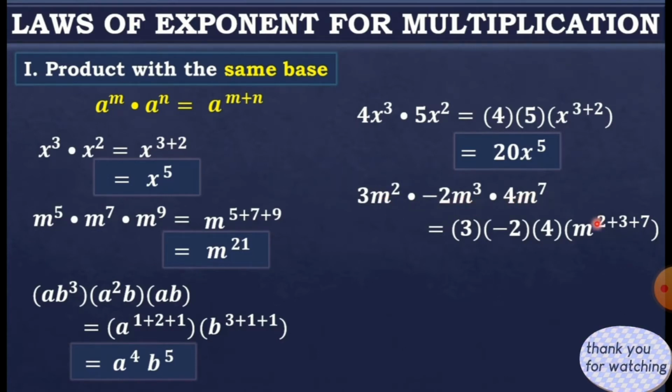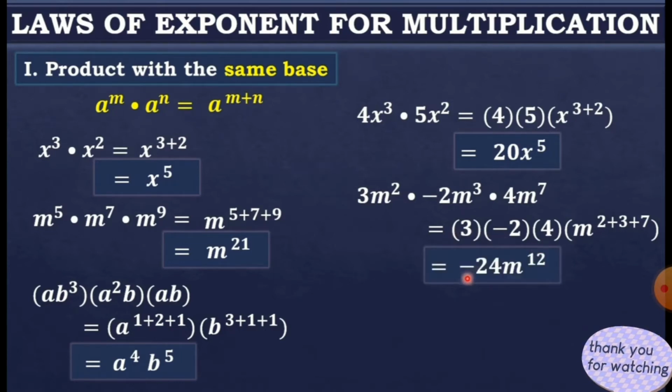So 3 times negative 2 becomes negative 6. Negative 6 times 4, negative 24. Then m, you add all the exponents of m, so that's 12. So m to the 12th power.